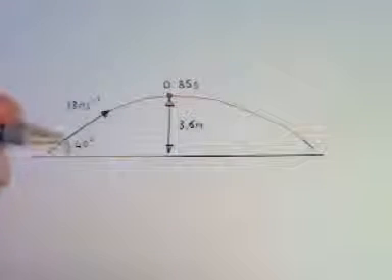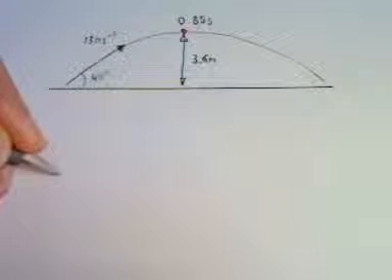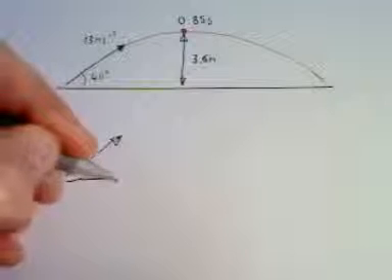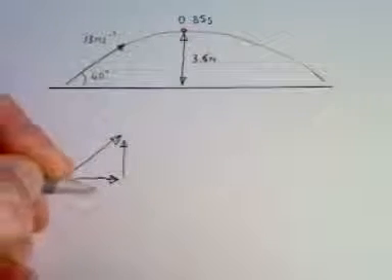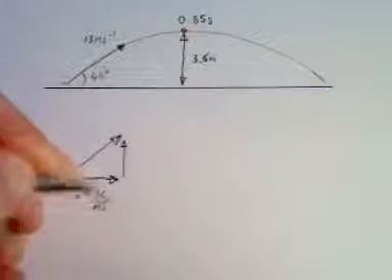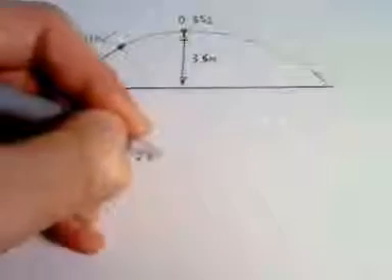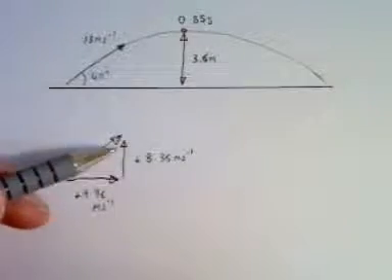If we take this initial velocity here, we could break that down into two components. Remember, we broke down our initial velocity into a horizontal and vertical component, and repeating what we did earlier, we found plus 9.96 meters per second was the original horizontal velocity, and plus 8.36 meters per second was the initial vertical velocity.